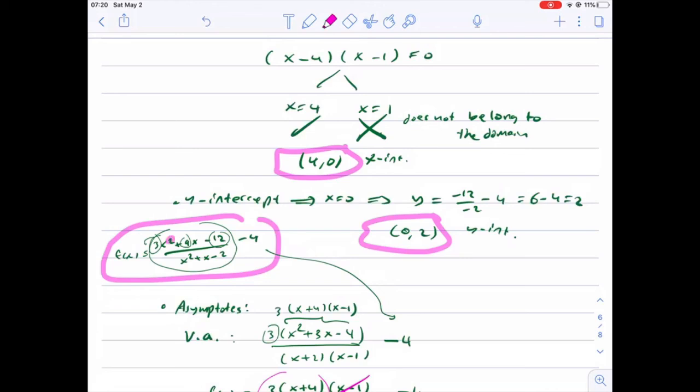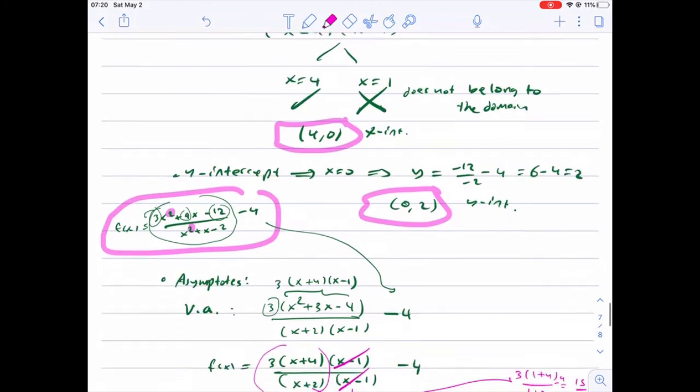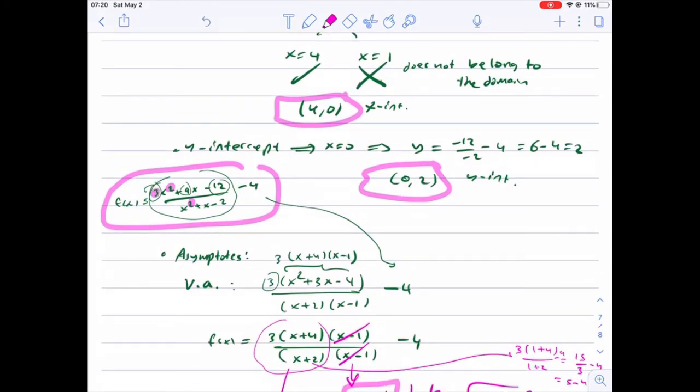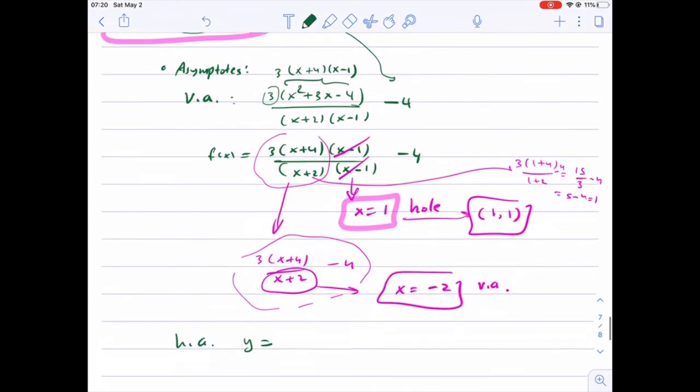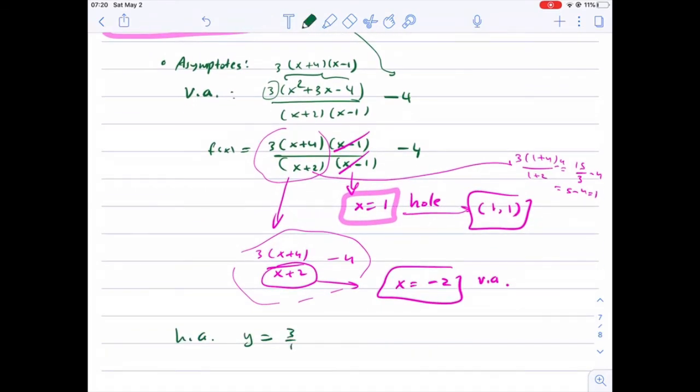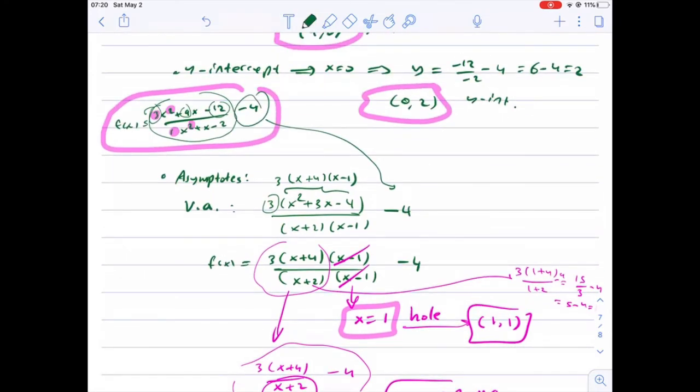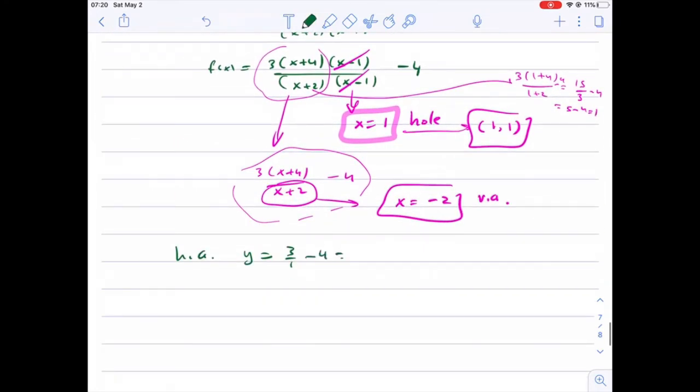The degree of the numerator is 2, degree of the denominator is 2. So we just look at the leading coefficients. The leading coefficients are 3 and 1. So it's 3 over 1, but we have minus 4 here, and that's equal to negative 1. So the horizontal asymptote is y equals negative 1.